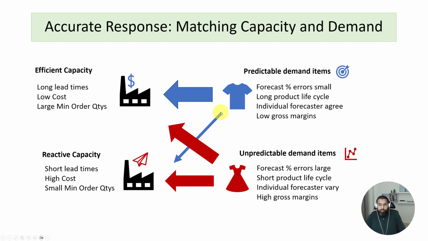So you can also produce a few of those SKUs in reactive capacity, right, to not have lost sales. Okay, but the size of the arrows shows you that most of the quantity of the predictable SKUs goes to efficient capacity, whereas for unpredictable SKUs, a big chunk will go to efficient capacity and a big chunk will go to reactive capacity.